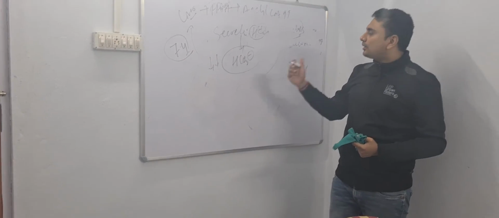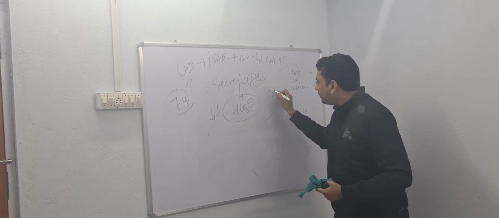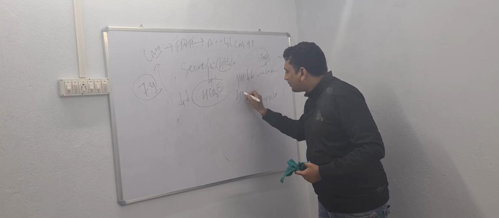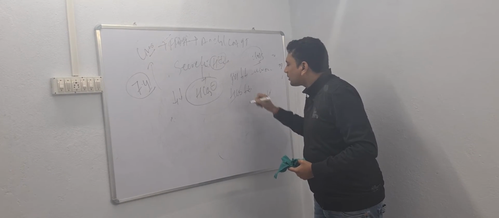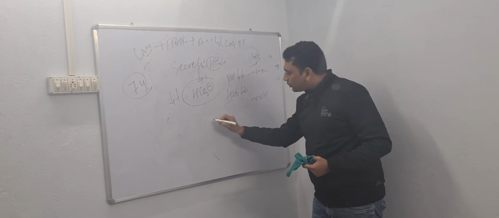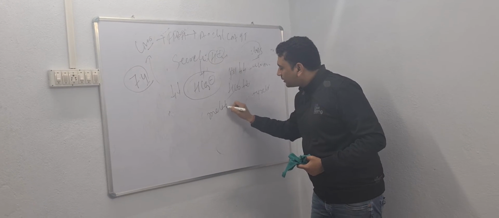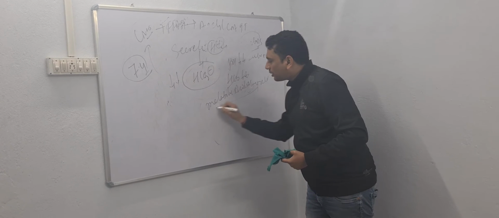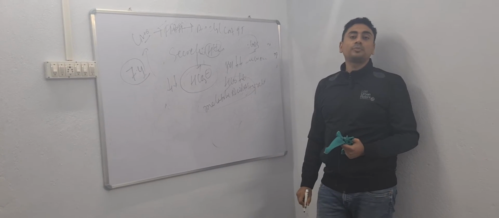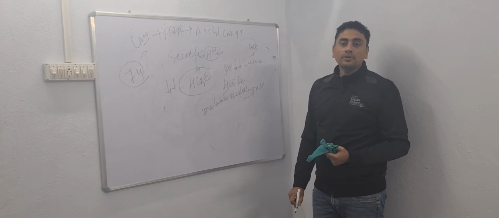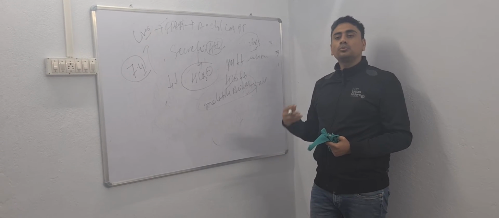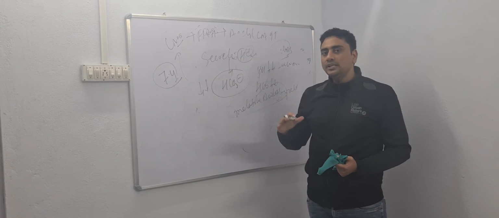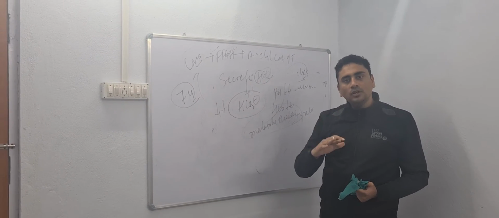Our pH will go down, so there will be a decrease in pH and a decrease in bicarbonate level due to excess formation of ketone bodies, and that will lead to a condition called metabolic acidosis. Okay, so this is what we see in a diabetic ketoacidosis patient: due to decreased bicarbonate and excess H plus ion formation by these ketone bodies, our pH and our bicarbonate level will go down.